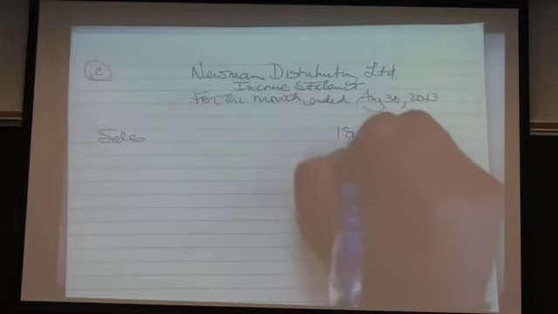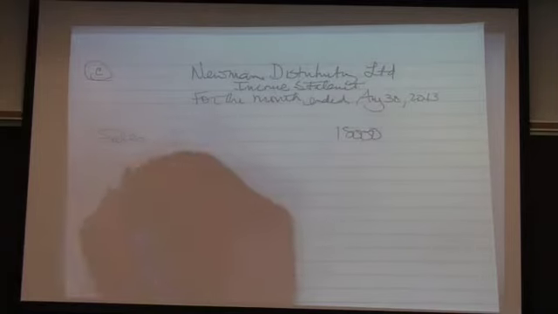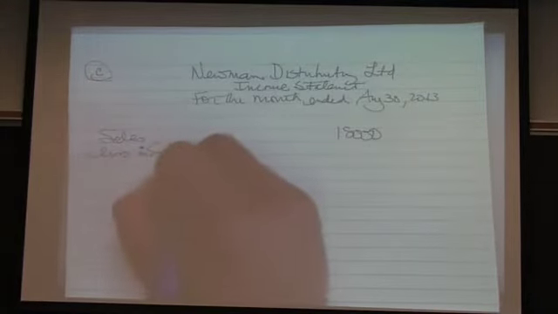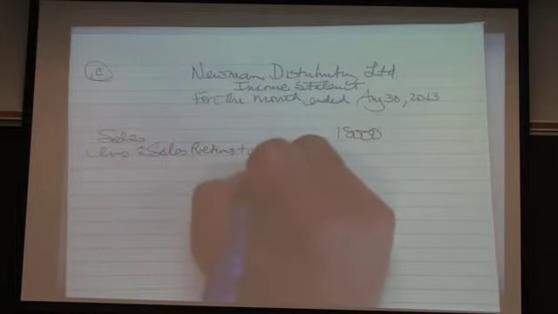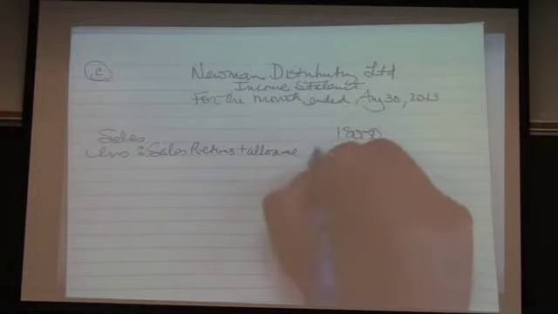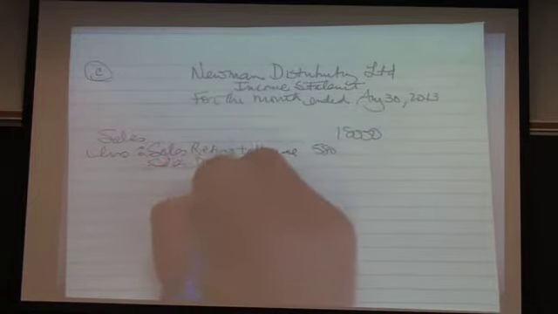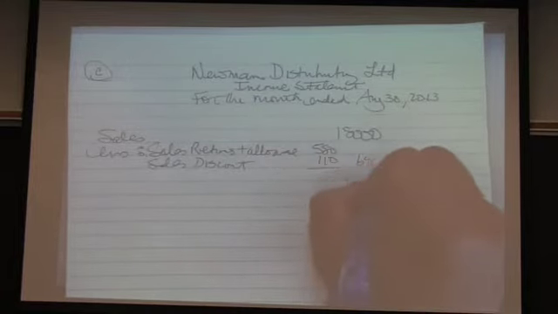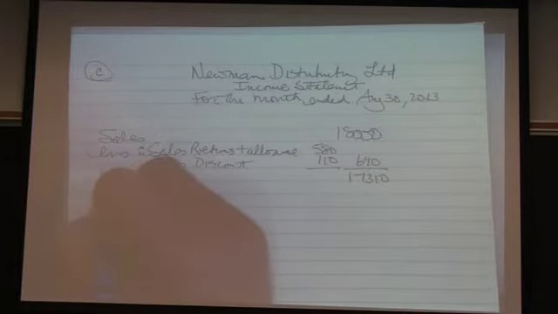And we saw that the remaining T account balance was 18,000. And we have two contra accounts. So sales less sales returns and allowance, and sales discount. That gives us 17,310. That's called net sales.